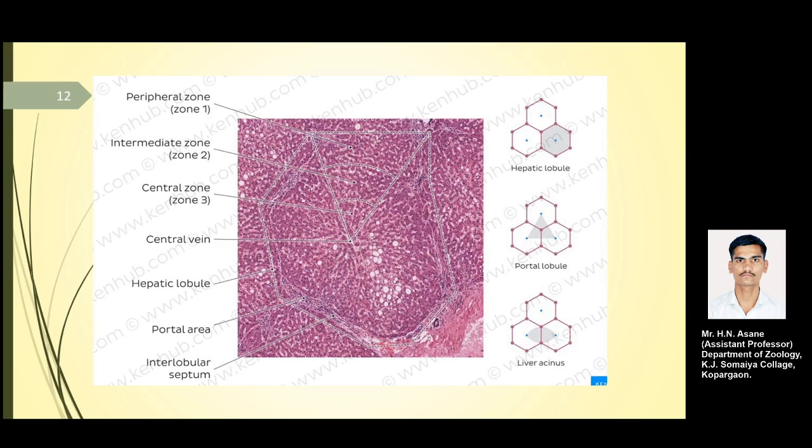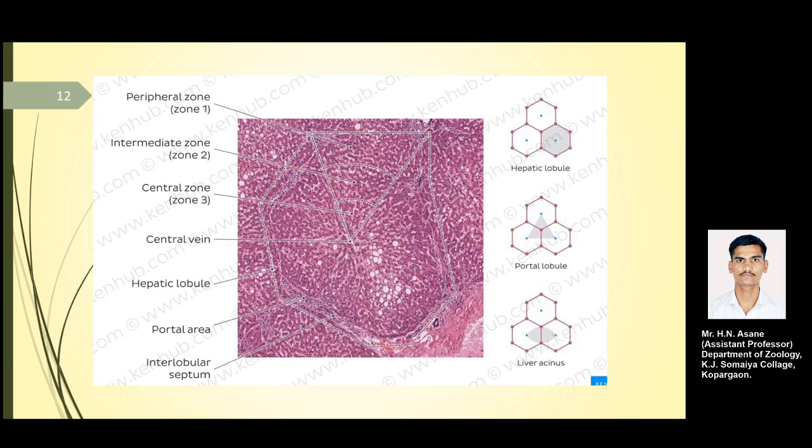neighboring lobules, as you can see, this is the TS of the liver. In that you can see one section that is highlighted, with the hepatic cords and the parietal zone as the first zone in between these hepatic lobules. The hepatic lobule has a hexagonal-like shape in this TS.